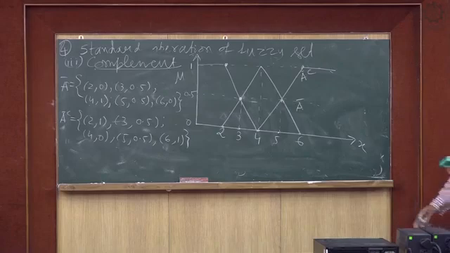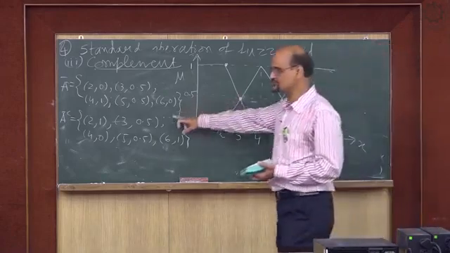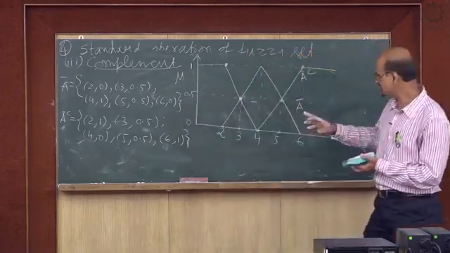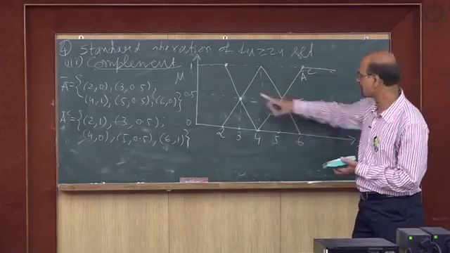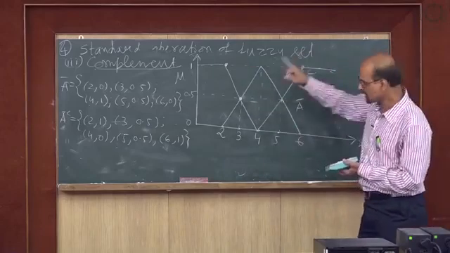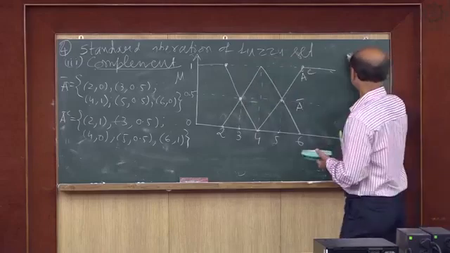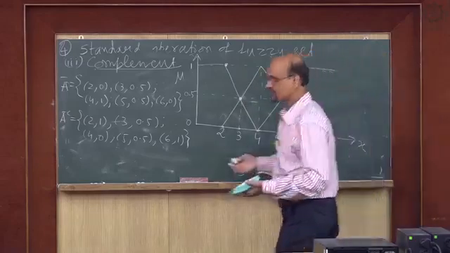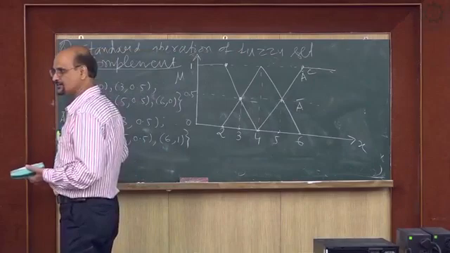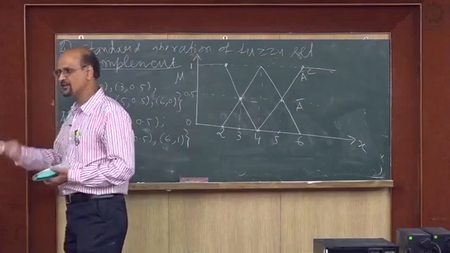Understanding? The difference is easy to see here, but geometrically, this was your fuzzy set A bar and its complement is like this. Now, anyway, I want to find A bar intersection A bar complement.